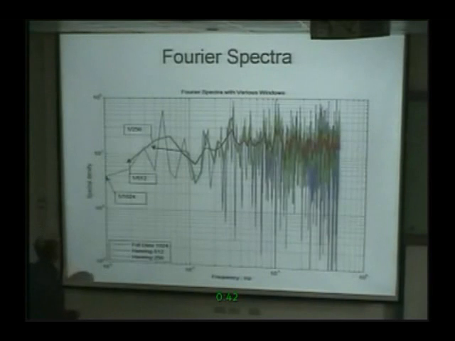You can see that this is the Fourier spectrum of all the data, with different windows. This is the nice part of the Fourier spectrum. If you use different windows, it's already normalized. The normalization is so easy and it's automatically done. If you plot the Fourier spectrum, it's always that line.